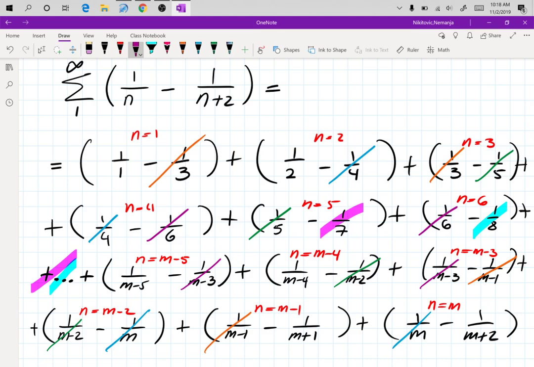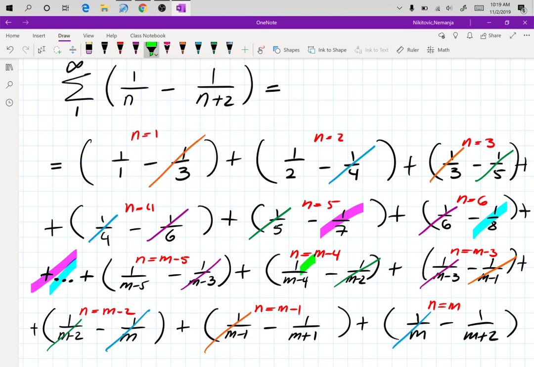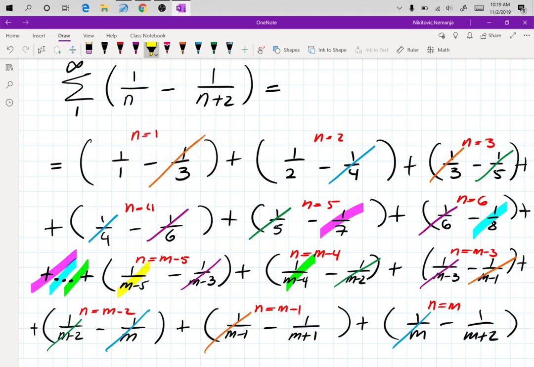So I'm going to use now green to cancel this over here, and one more of these colors. Let's go with yellow. There we go. So these terms would cancel in there eventually if you wrote more terms.